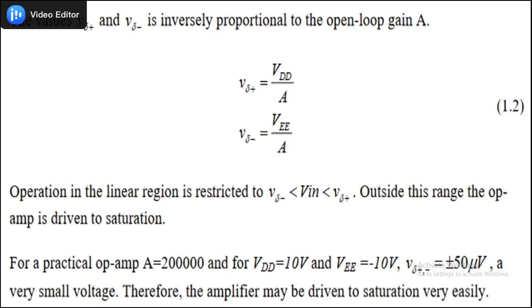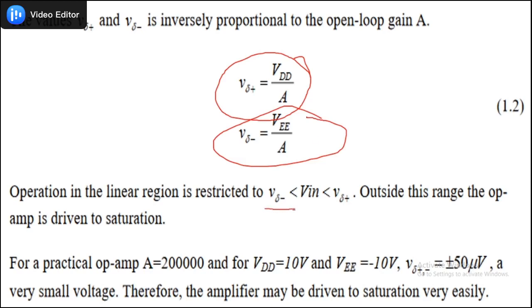V delta plus equation we can derive from the governing output equation. Similarly, V delta minus can be written as VEE by A. So our input voltage will move between V delta minus and V delta plus, which are very small values, of the order of plus minus 50 microvolts.